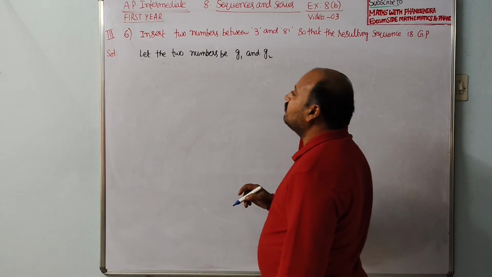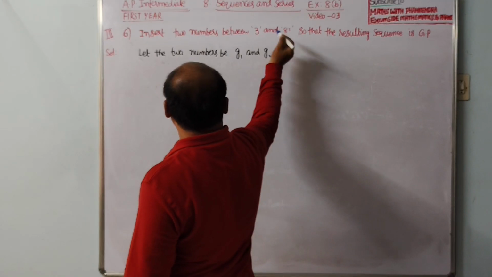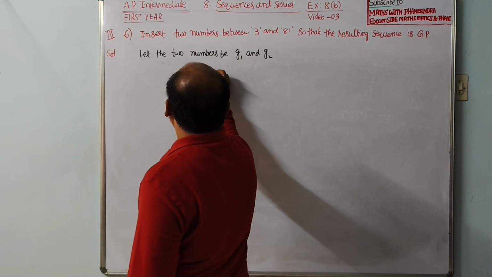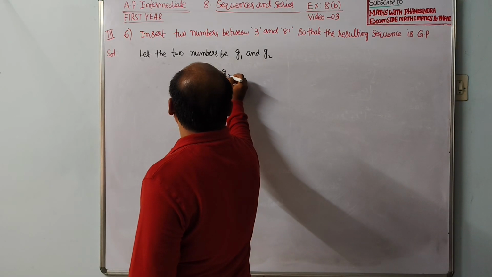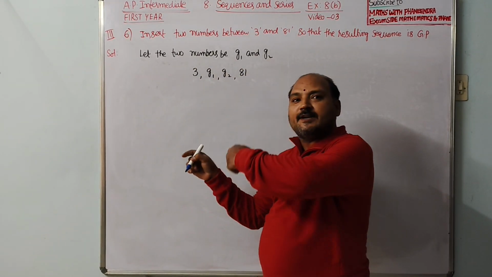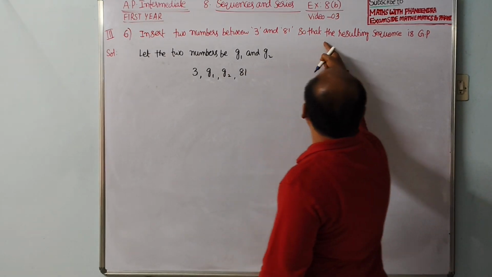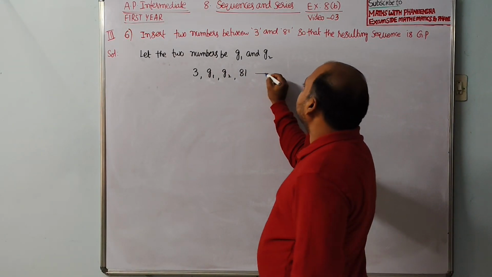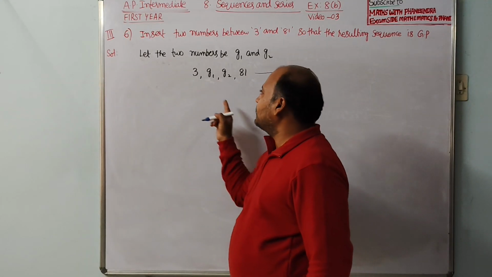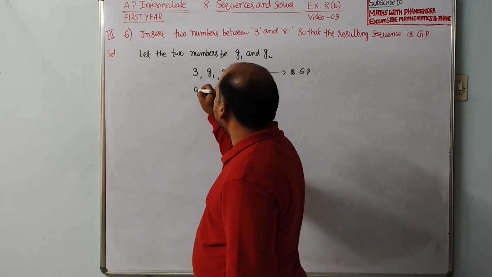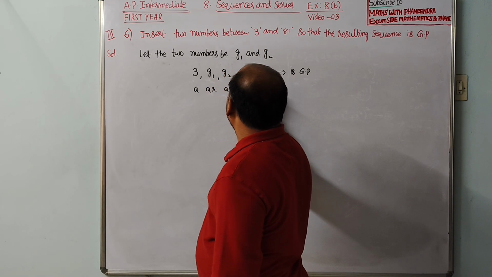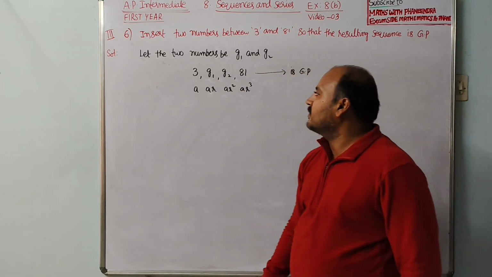Between 3 and 81, we are going to insert G1 and G2, so the sequence is 3, G1, G2, 81. It is in GP, they are saying. Whenever it is a geometric progression, 4 terms are there now: this is the first term, this is the second term, this is the third term, this is the fourth term. Am I right, dear students?